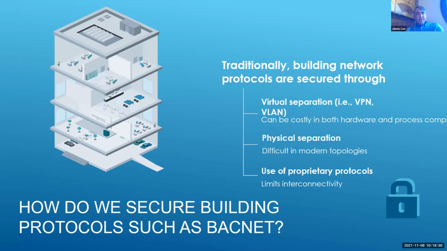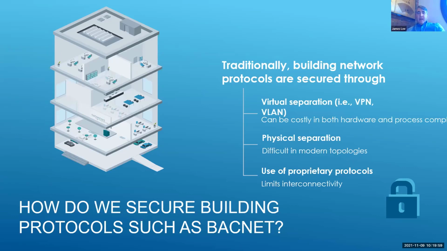Another thing you can do is physically separate your building automation networks from your IT networks. And that's more difficult in modern systems, especially when you want to use web browsers and other virtual technology to run those buildings from afar. But there is still a possibility, and in certain secure military situations, you will see physical separation of networks.